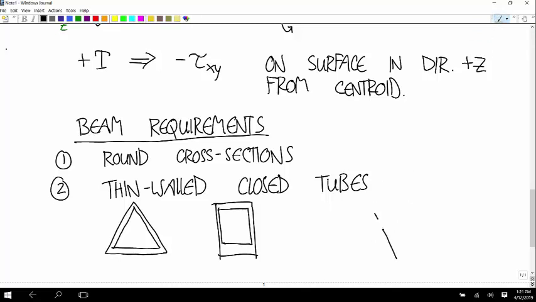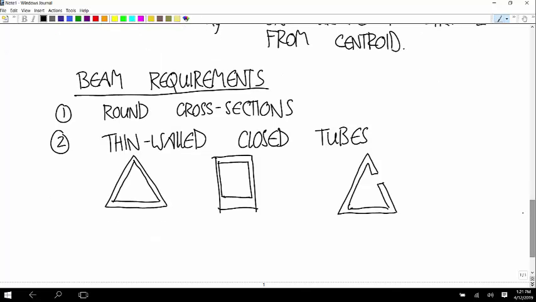But the thing we can't do is this, because it's not a closed tube. And these are the cross sections. So this is no good. These two are okay. These are the cross sections we can deal with.